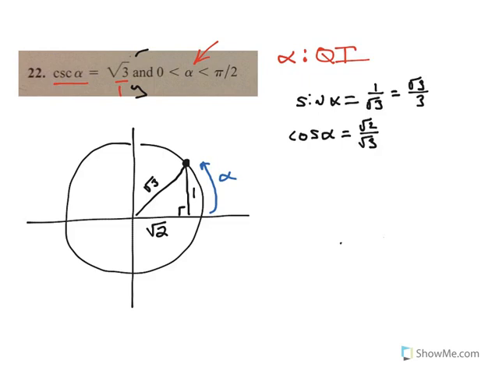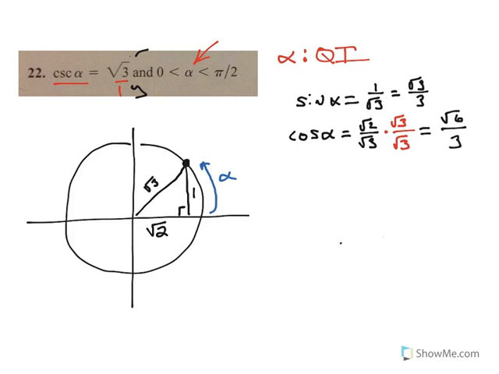Rationalize this by multiplying the top and bottom by radical 3. So once we simplify, radical 2 up top times radical 3 up top, that's going to be radical 6. And down bottom, radical 3 times radical 3 is going to get you 3.